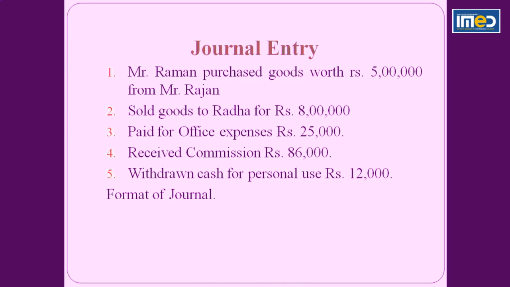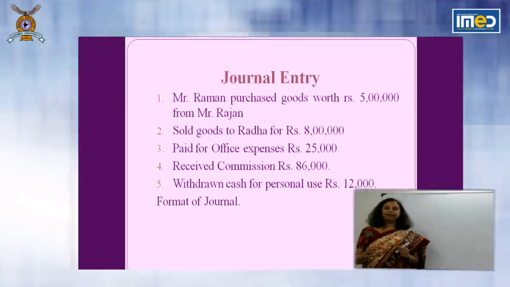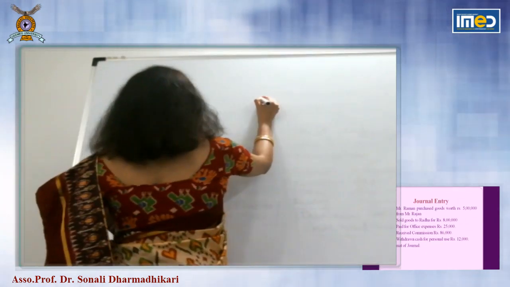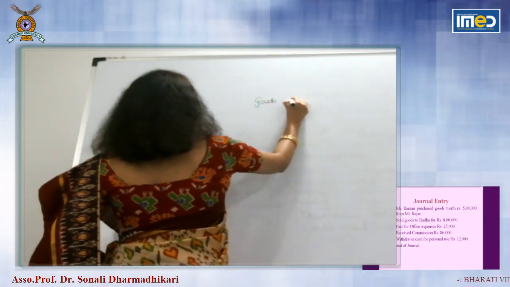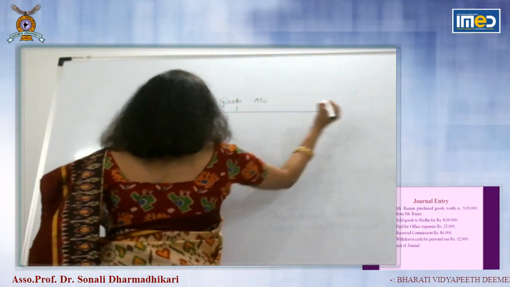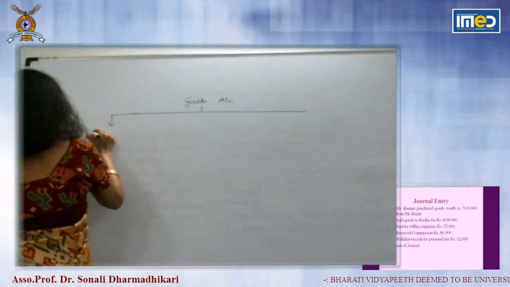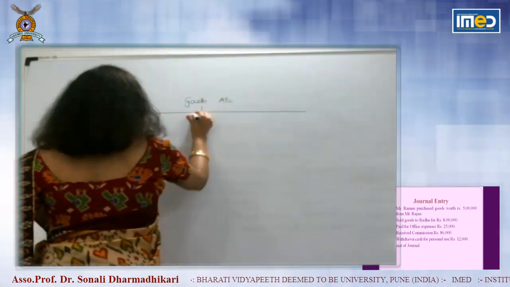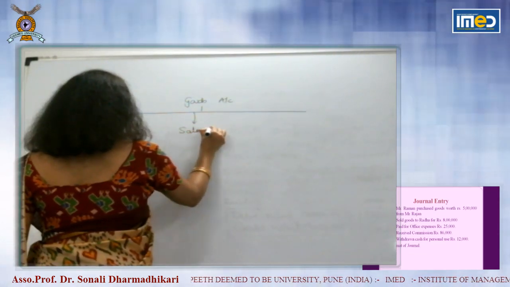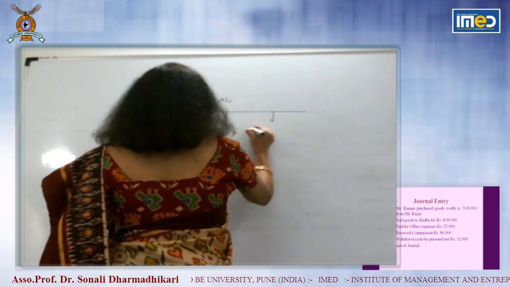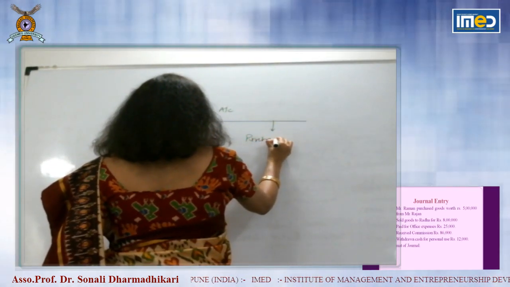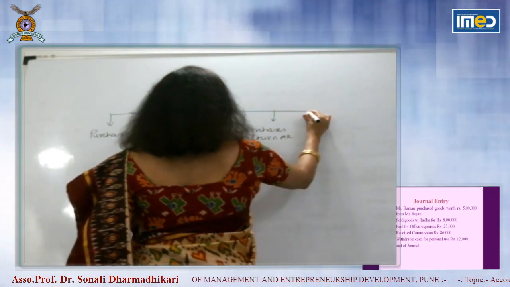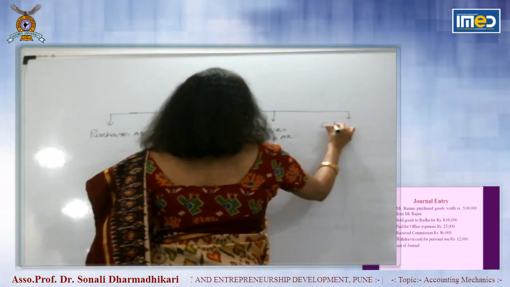Just now we have seen goods account. Why? Because you should understand whether goods are coming in or going out. Now we will see in practice how the goods account is classified for convenience: purchases account, sales account, purchase return, and sales return account.